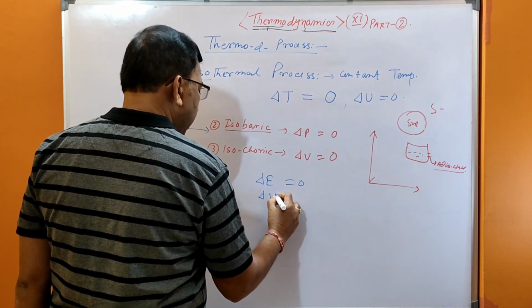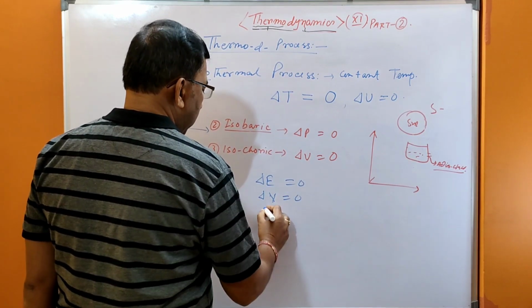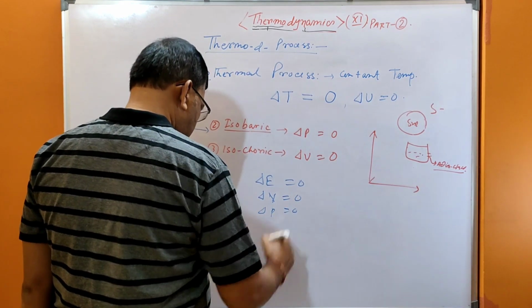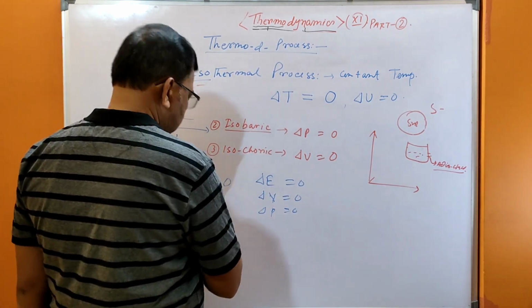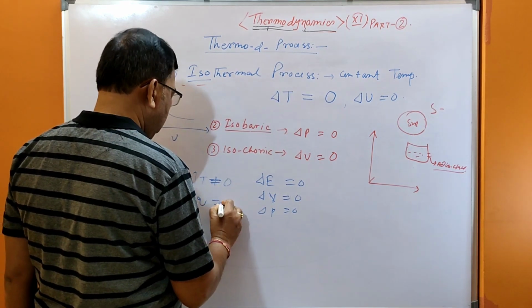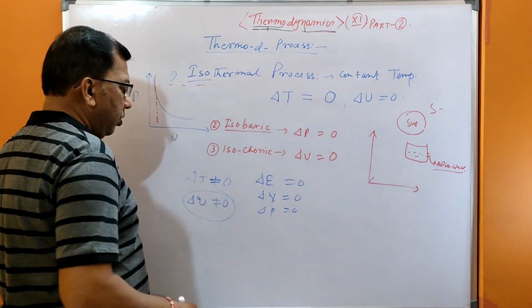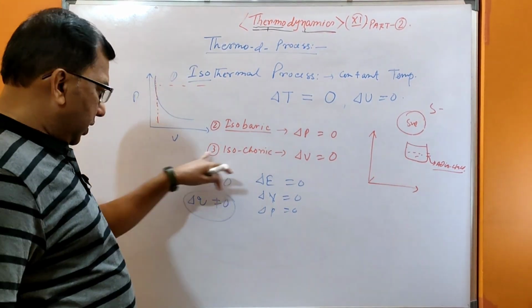Delta V equals 0, delta P equals 0. All will be 0. But delta Q is not equal to 0 in the case of a cyclic process.